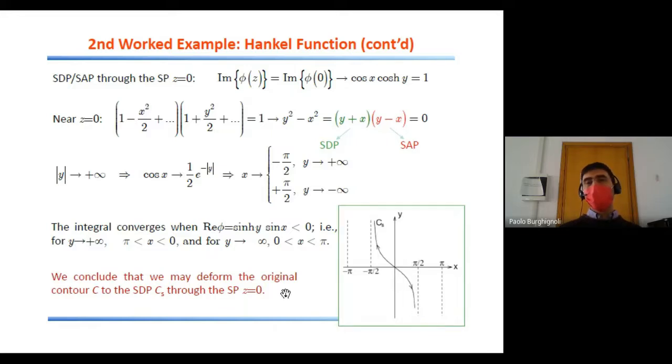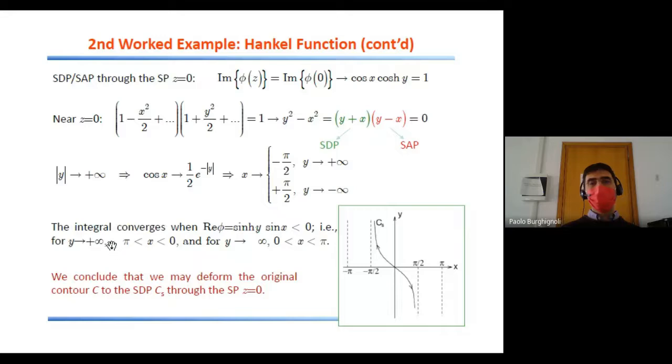Okay. Note that the original integral converges only if the real part of phi is negative, because otherwise the exponential function would diverge. And this gives us that the region of convergence of the integral are the two half strips in the second and fourth quadrants. In the second quadrant, x must be between minus pi and 0.